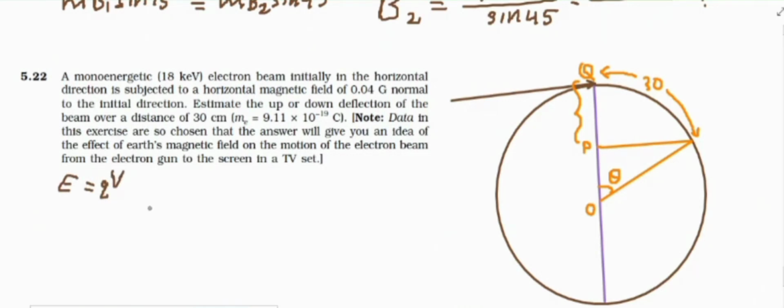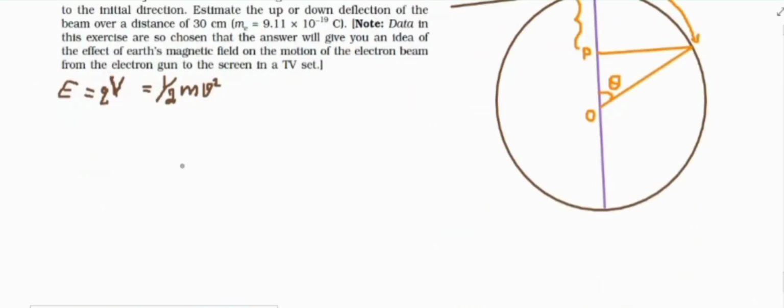Kilo you have to convert into electron volt, then multiply by electronic charge, then you will get energy. Q is equal to E, electronic charge. And that energy is converted to kinetic energy, so half mv square. From that equation, you can find the value of velocity v.